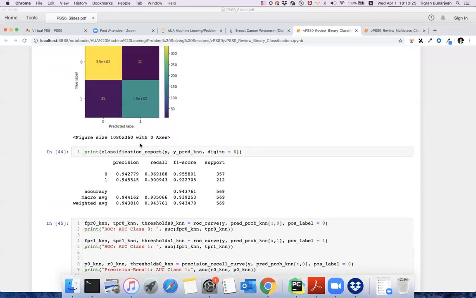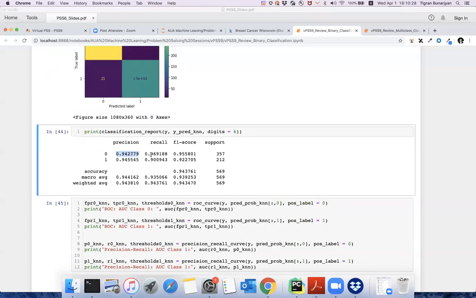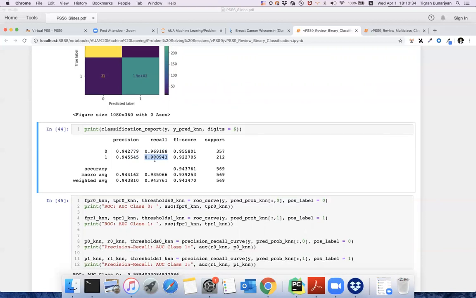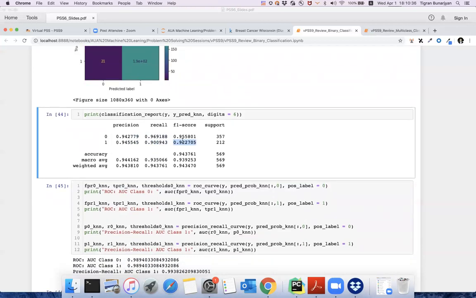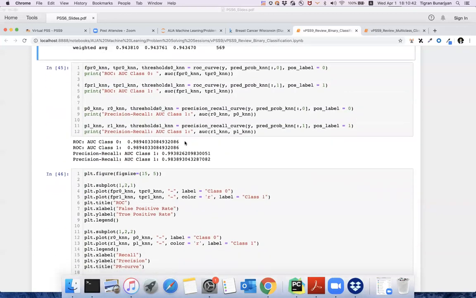And we can see the precision and recall have decreased with respect to the other models, and the F1 score has also decreased.